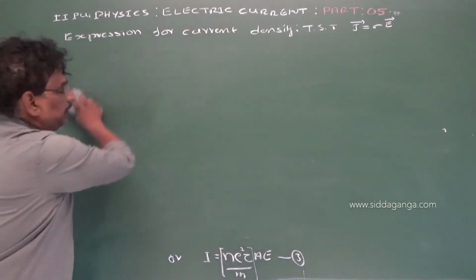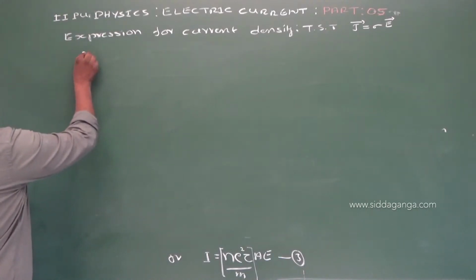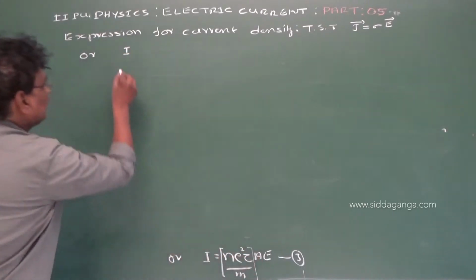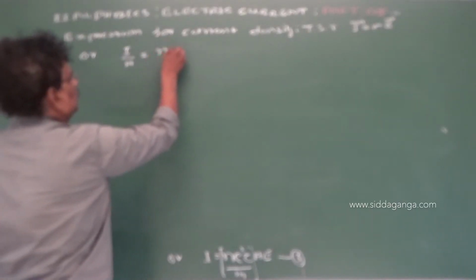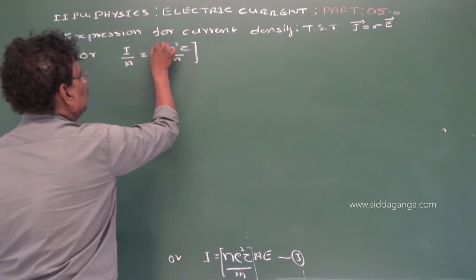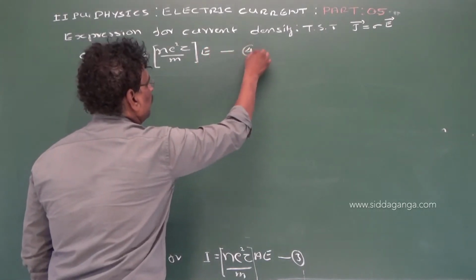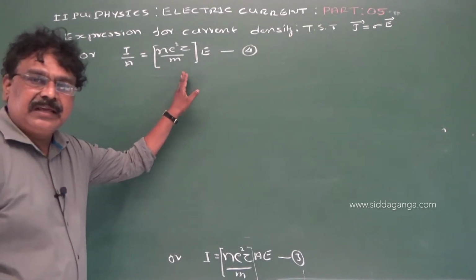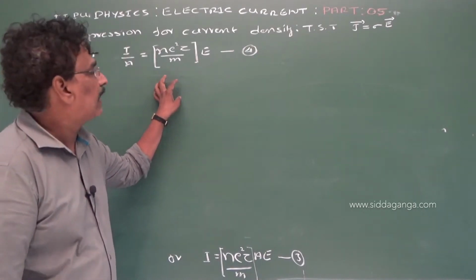Now, this equation 3 can be written as I by A is equal to n e square tau by m into E. Let us take it as equation number 4. Now, the terms inside the bracket are generally constant terms.